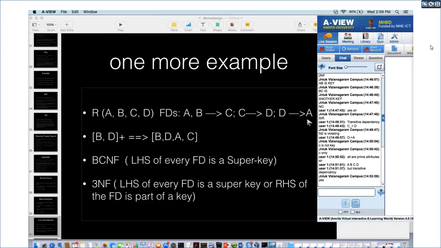Is A part of a key? Yes. So now, will you modify your original answer for this? Which normal form is it in now?